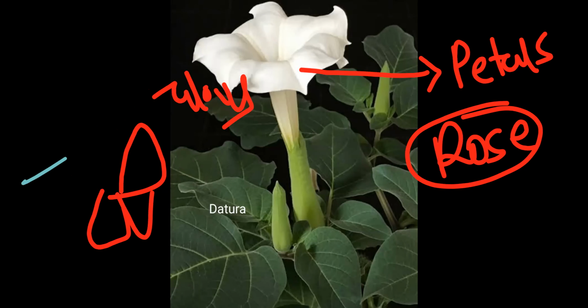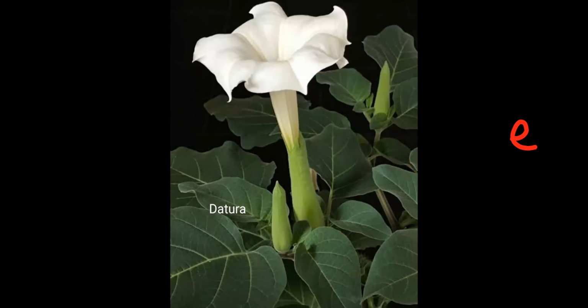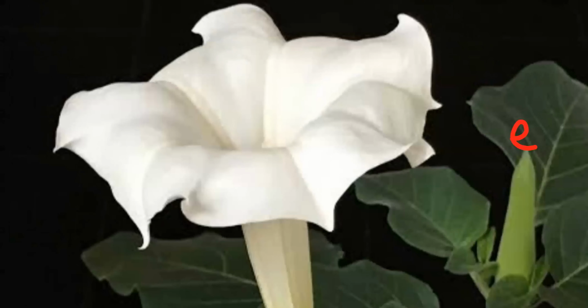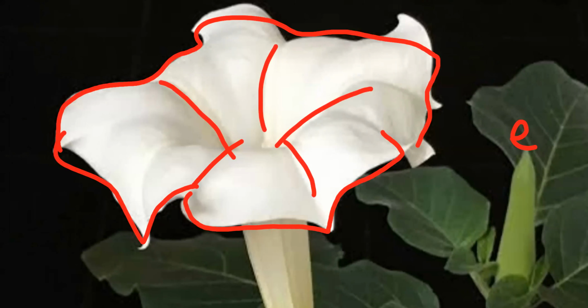Whereas in case of datura, see, this is the datura flower. If you can clearly make out over here, this is the margin of one petal, then the other. All are joined with each other and make one structure. If you can make out, all petals are joined. देखो यहाँ पे भी ये actually margins, but these all are joined, right?